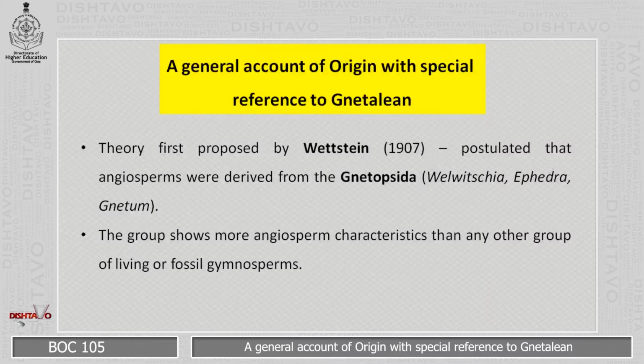evolution of angiosperms. This theory was first proposed by Whetstone in 1907, and according to the theory, it is postulated that angiosperms were derived from the Gnetopsida, where we have the major members as Welwitschia, Ephedra, and Gnetum.